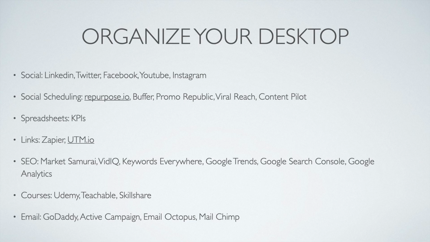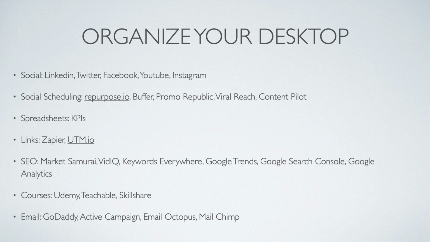I have a KPIs, a Key Performance Indicator spreadsheet, which I will want to access regularly. For my links, I use Zapier and I use UTM. For SEO, search engine optimization, I use Market Samurai, vidIQ, Keywords Everywhere, Google Trends, Google Search Console and Google Analytics, so I need to be able to access those.